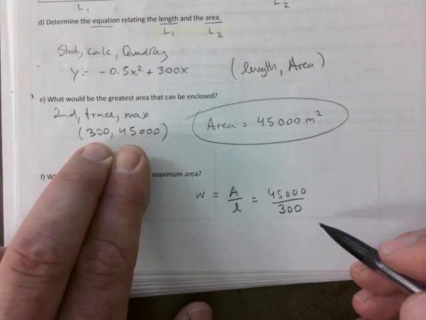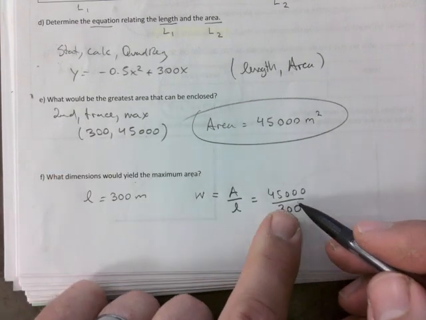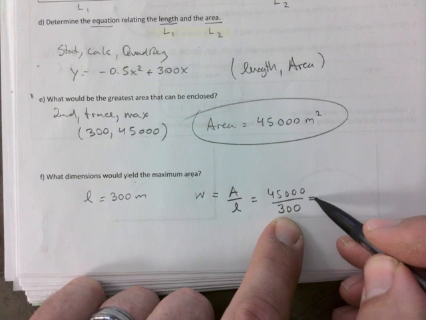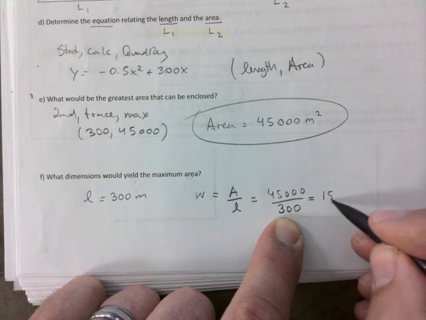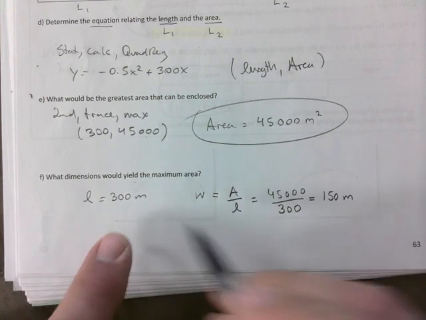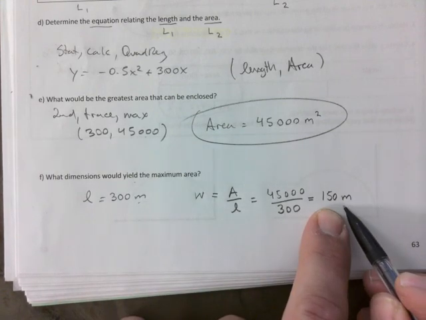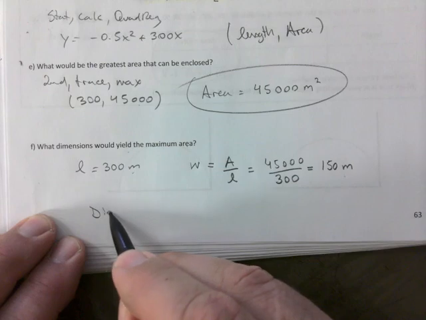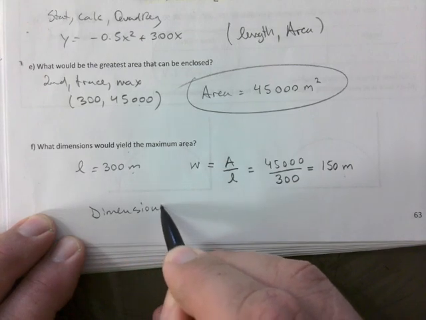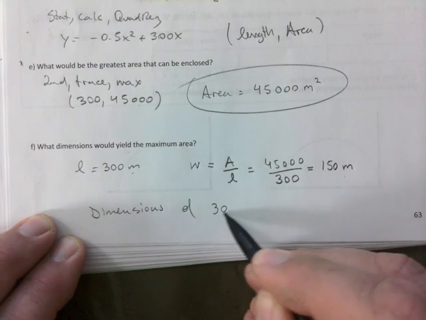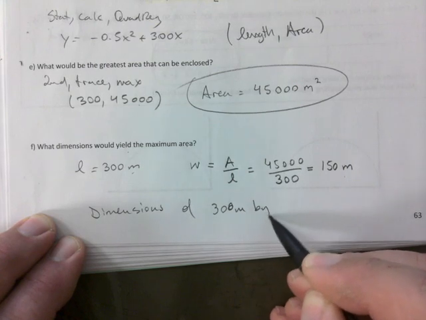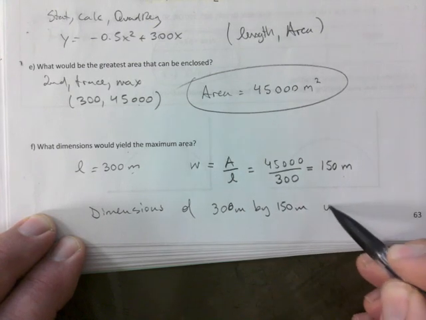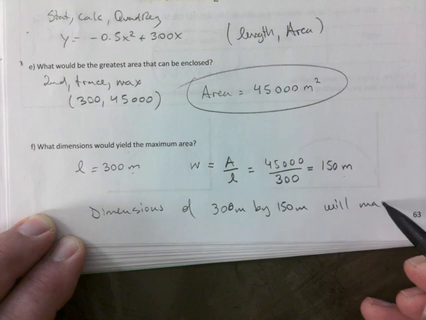So you're basically using the two values from your vertex to figure this out. And the answer is 150 meters. These are your dimensions. Okay. Dimensions of 300 meters by 150 meters will maximize area.